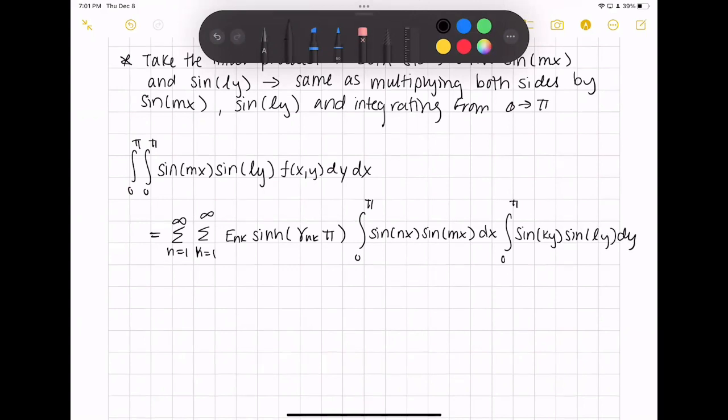Okay, so then applying the Dirac delta, we know this is also 1/2.